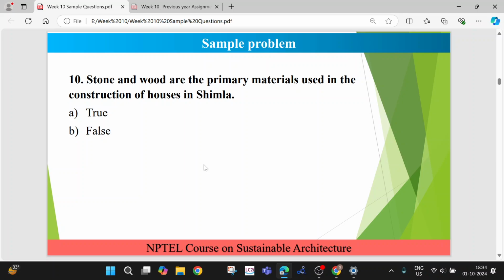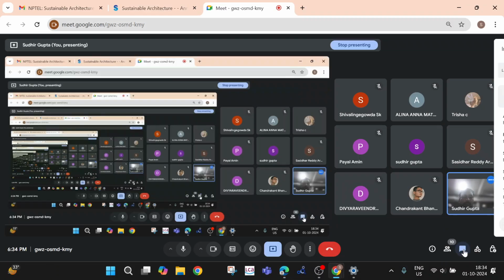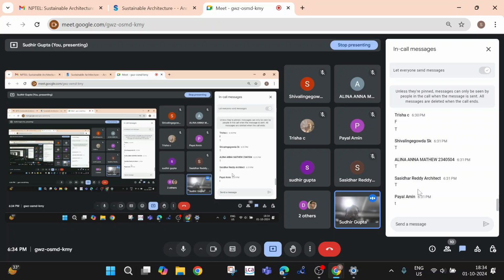Based on that, you can answer whether this is true or false. Trisha has a mix of answers, and the rest of you are in the right direction.